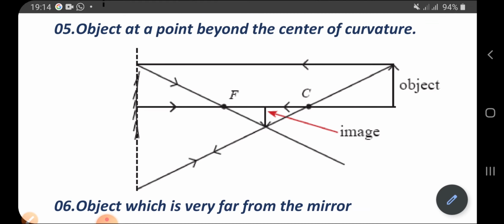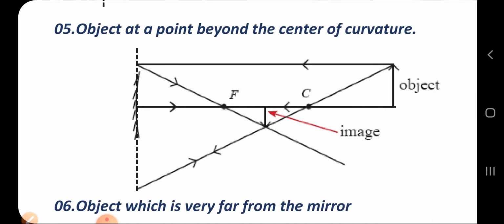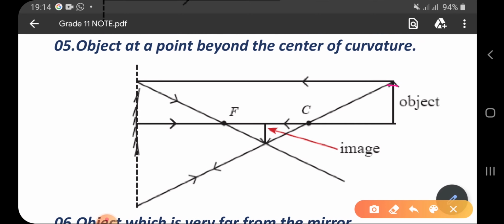So if we draw light rays again, the light ray which comes parallel will move through the focal point, and the light ray which is moving through the center of curvature will move again through the same path, so that the two light rays meet at this point.